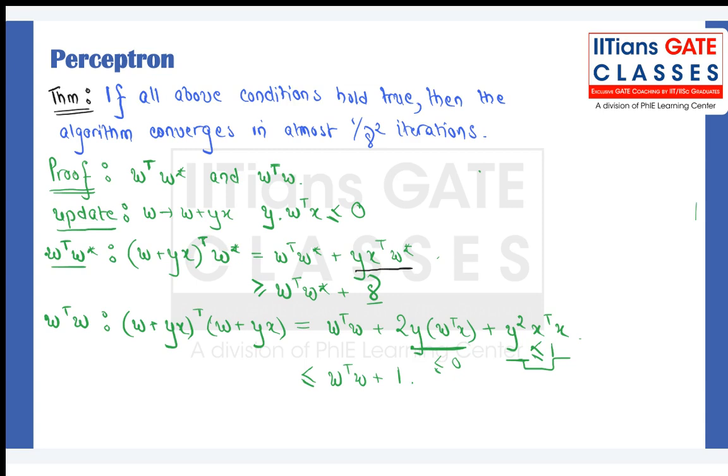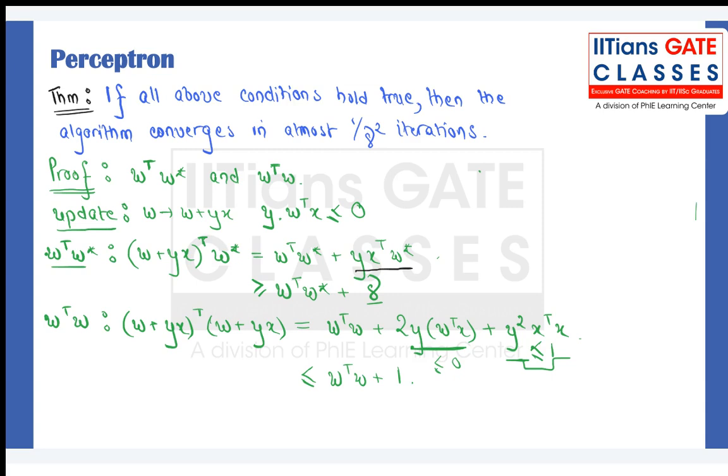So if I'm doing a set of M updates, then my W transpose W star, I'm increasing it by M times gamma. And similarly for W transpose W, if I update once, it updates by 1, because it's W transpose W plus 1. I again update it, so it's plus 2, plus 3, plus 4 till plus M.